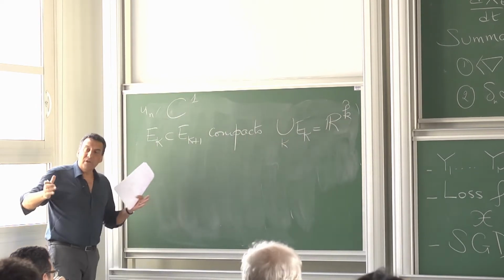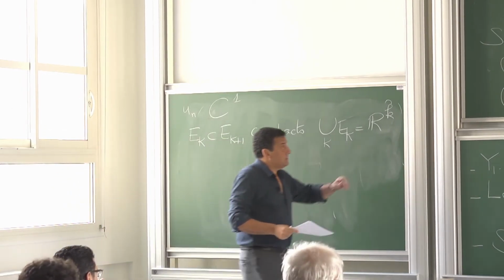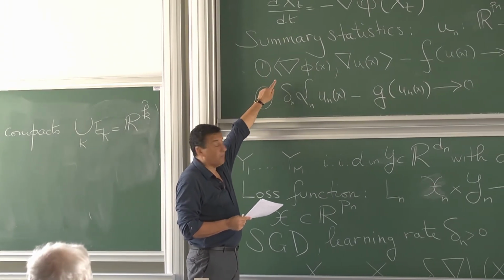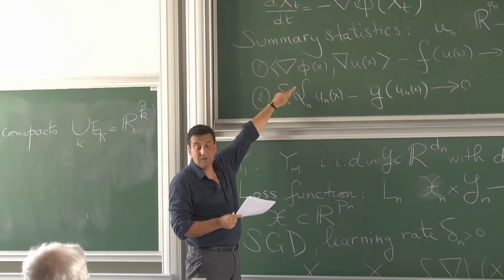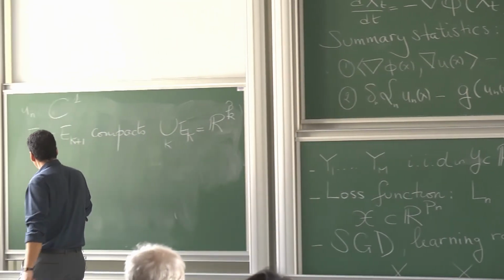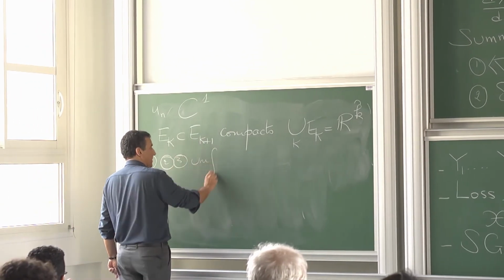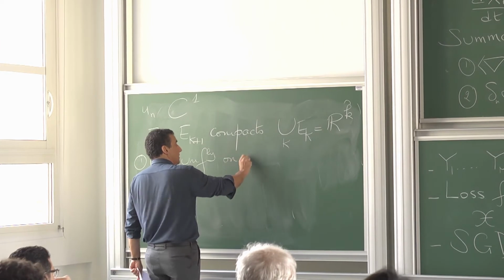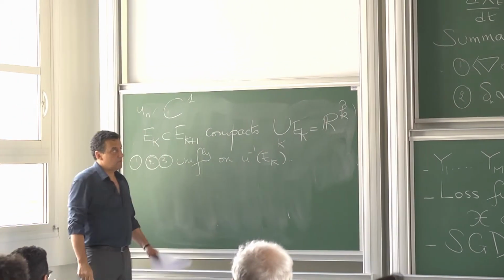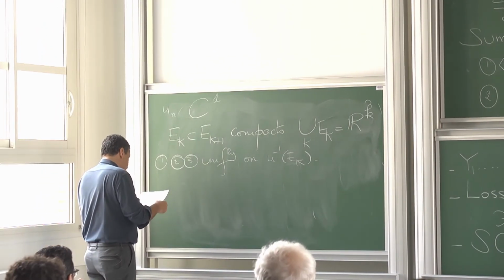Because here I'm on an unbounded space, I will come back to compact things. The convergence to 0, which is a function of x, should be uniform, so the assumptions 1, 2, 3 should be uniform on U^{-1} of E_k. That means the sup over x in that set.